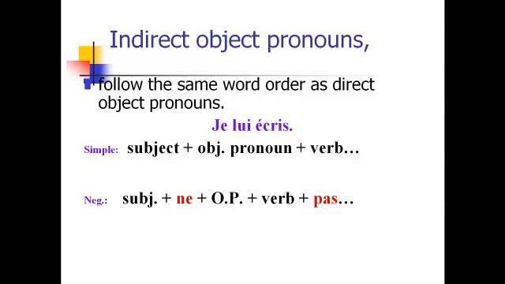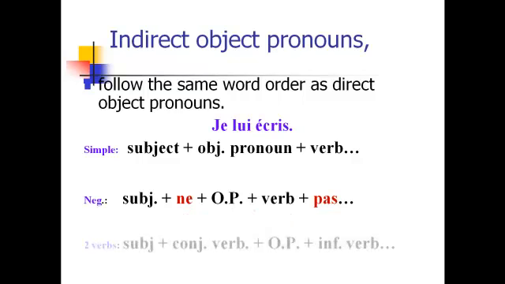So you would start with your subject, then you would use ne, your object pronoun, verb, pas, and then anything else in the sentence. So if you were to take that example, je lui écris, and make it negative, it would be je ne lui écris pas. I am not writing to him, or I am not writing to her.